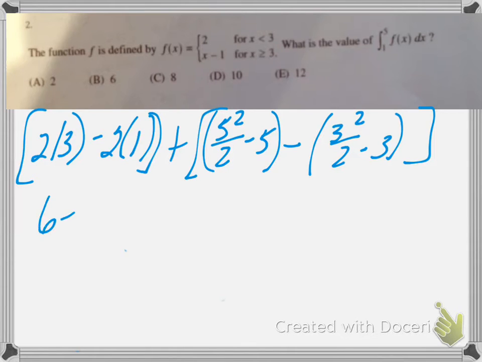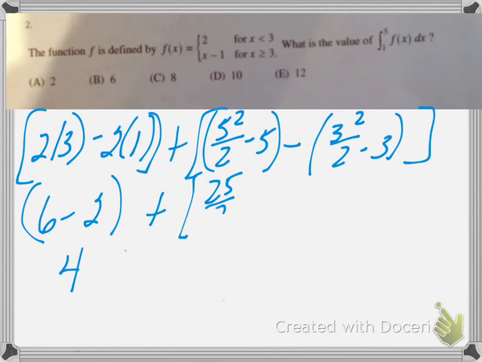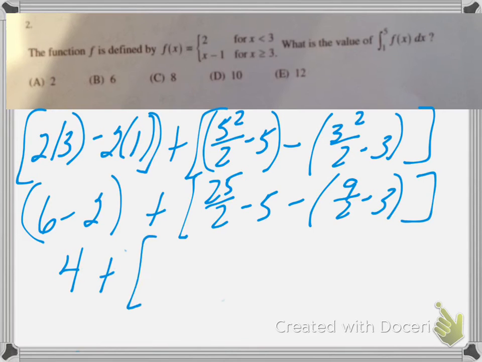Okay, so we get 6 minus 2, and that's equal to 4, so that part's done. Okay, we get 25 over 2, and then we get 9 over 2. Okay, so I'm just going to get rid of those parentheses inside and distribute.